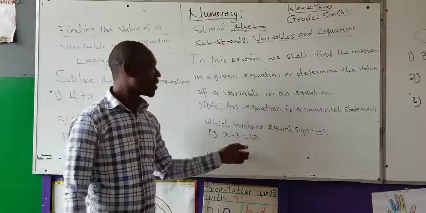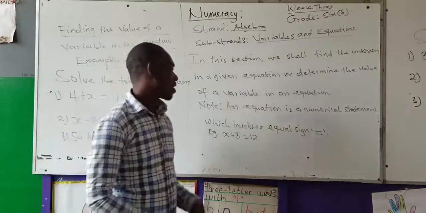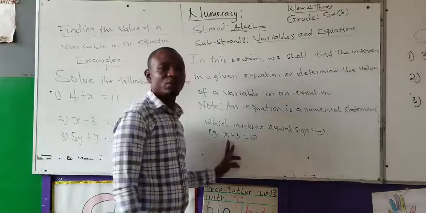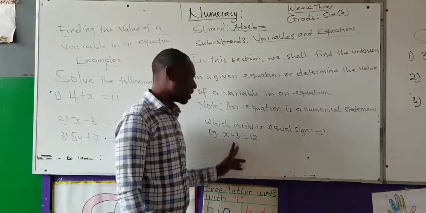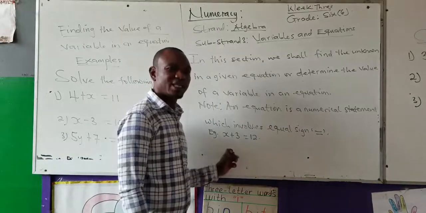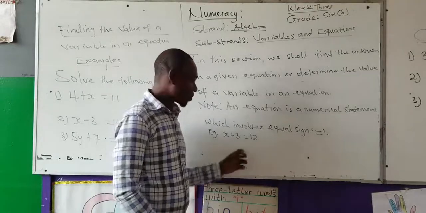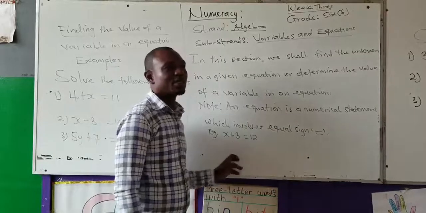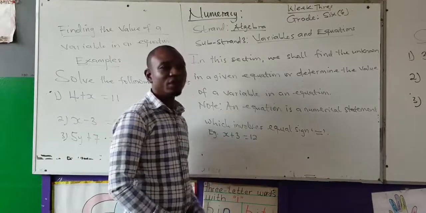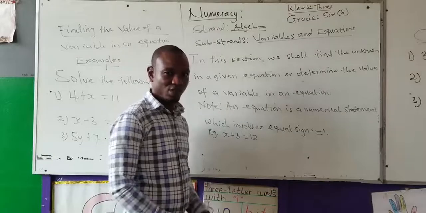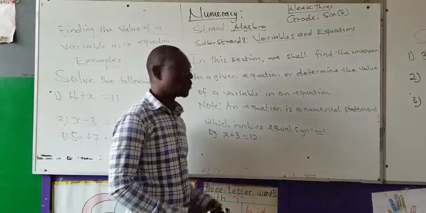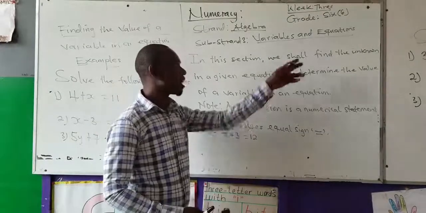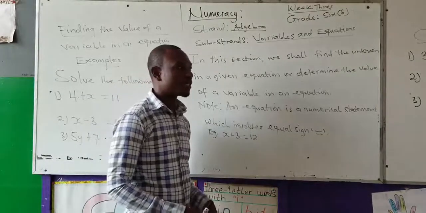Now, from here, we look at how we find the value of the variable, that is the alphabet that is found in the equation. We should be able to find the value for the alphabet given in every given equation. And that is what we are going to do for this third substrand, variables and equations.